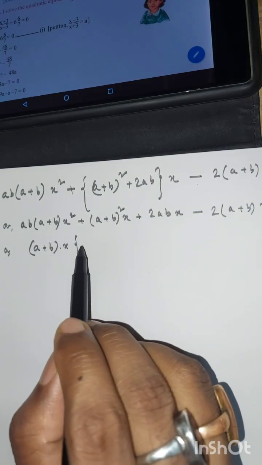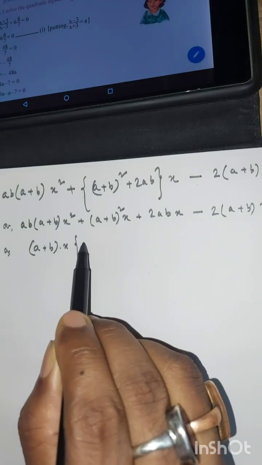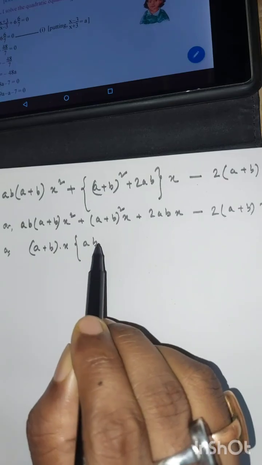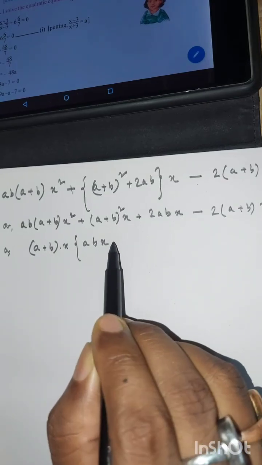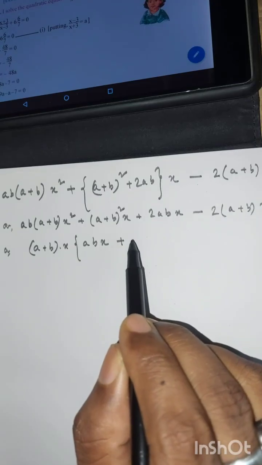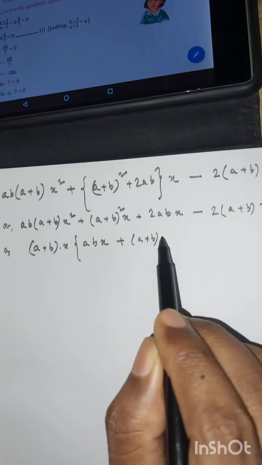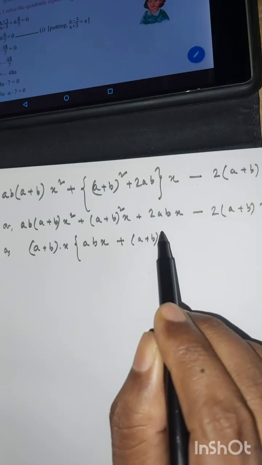So we have within bracket abx plus a plus bx, a plus b.